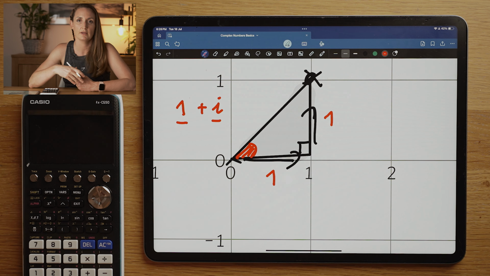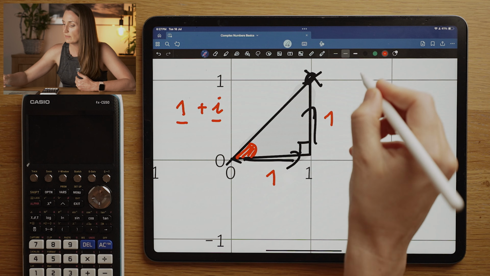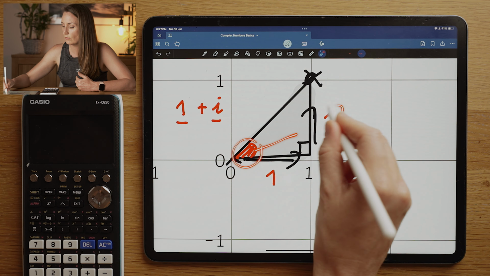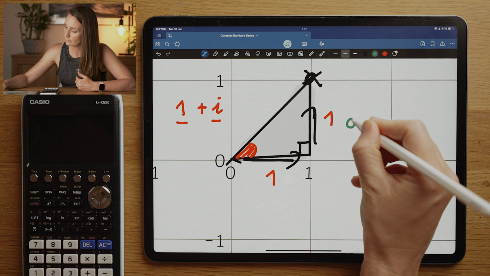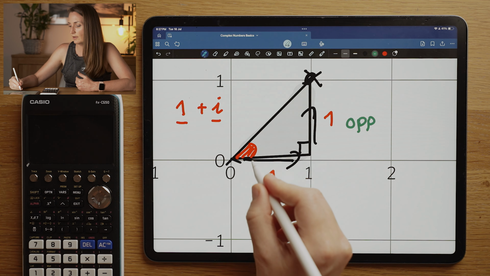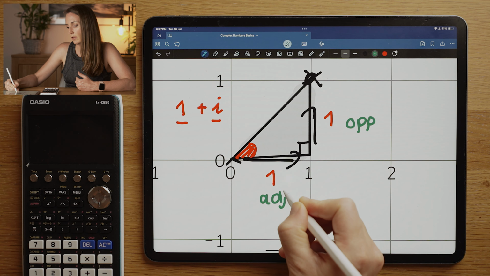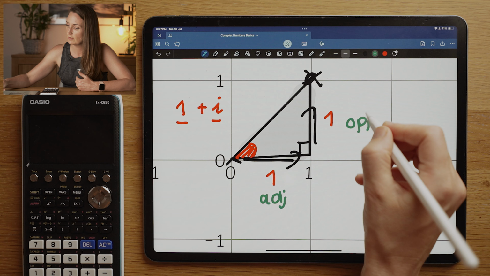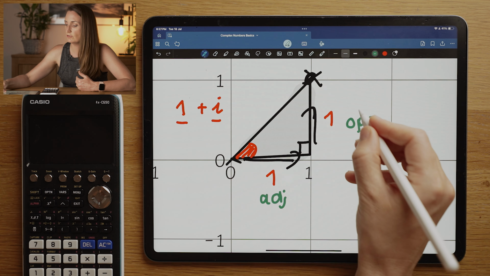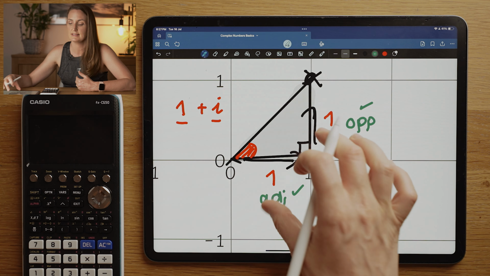And in order to calculate the argument, I'm going to use arctan, and that's because I know the opposite here and I know the adjacent here, and it's a right angle triangle. So the correct ratio to use that connects opposite and adjacent is tan.